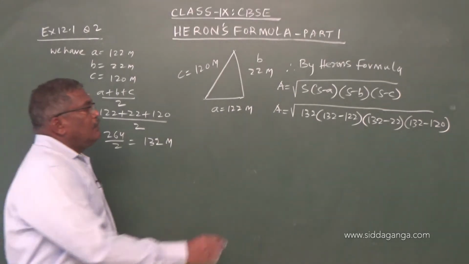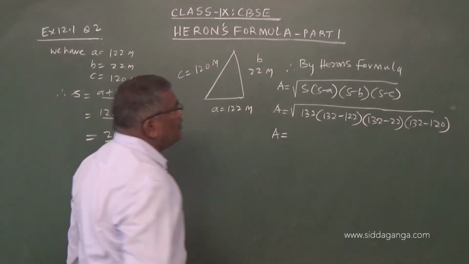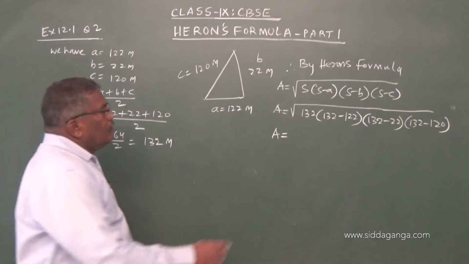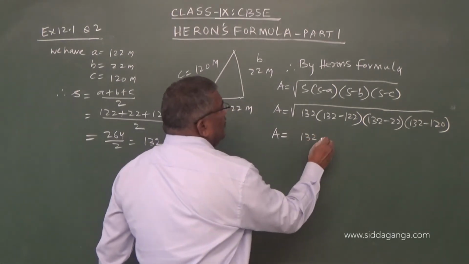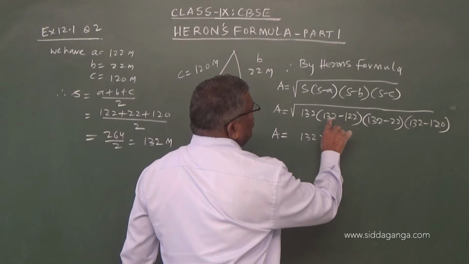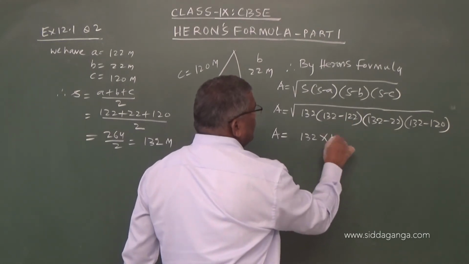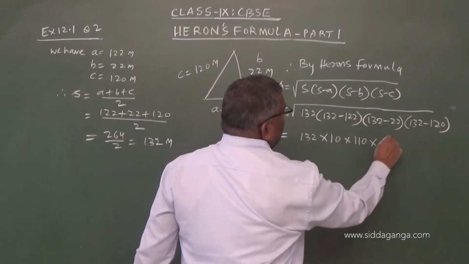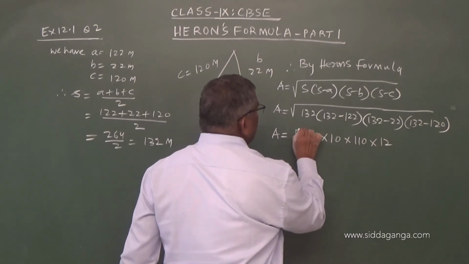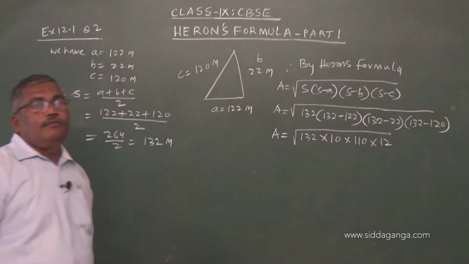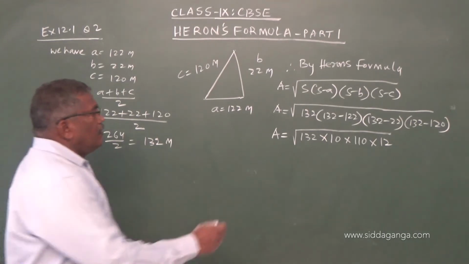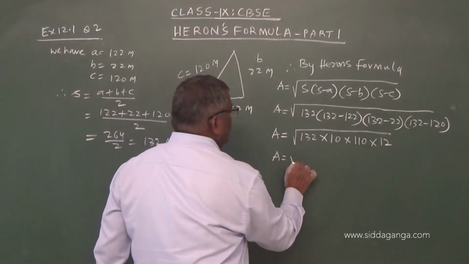So area equals 132 into 10 into 110 into 12.